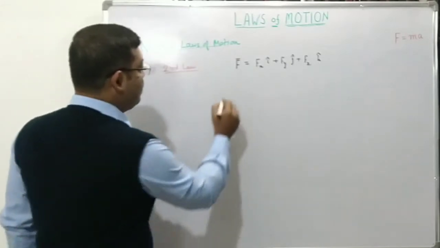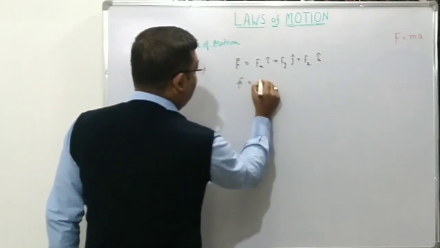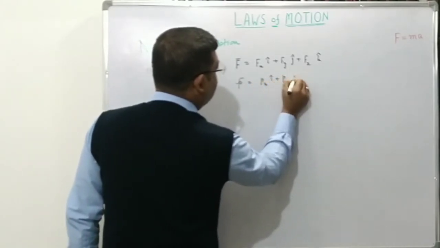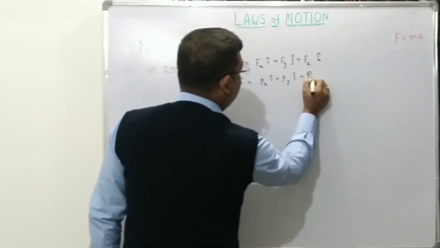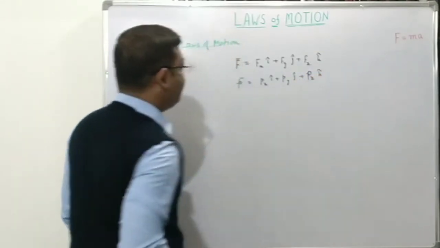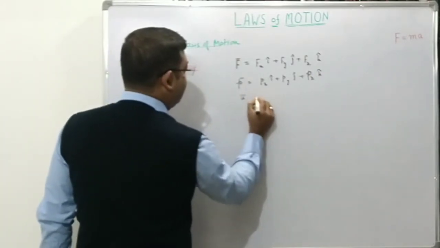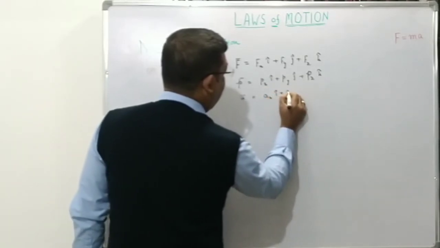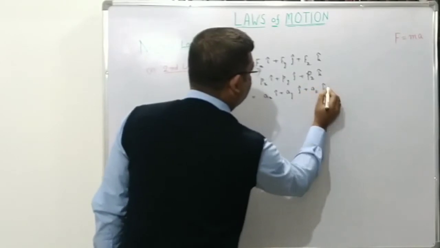Also, since momentum is a vector, we can write momentum P equals Px i cap plus Py j cap plus Pz k cap. And acceleration a, being a vector, is ax i cap plus ay j cap plus az k cap.